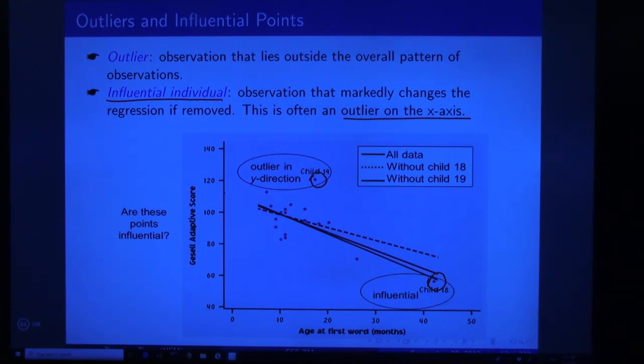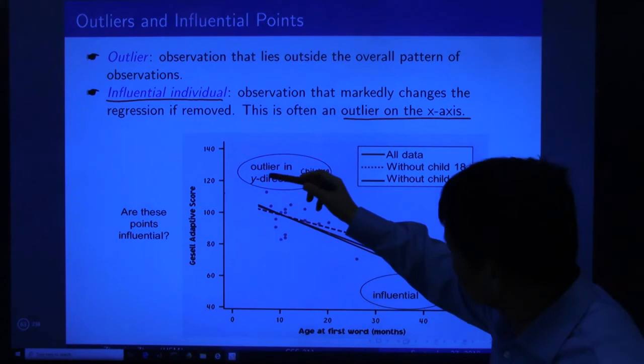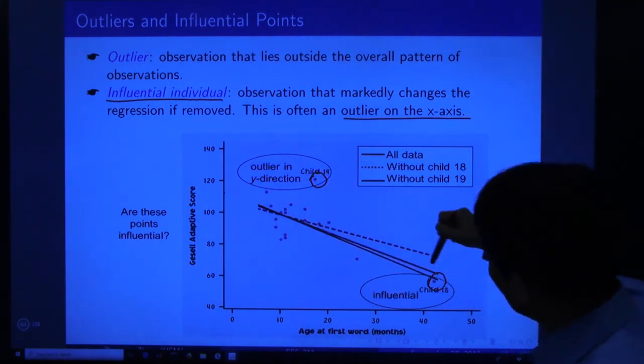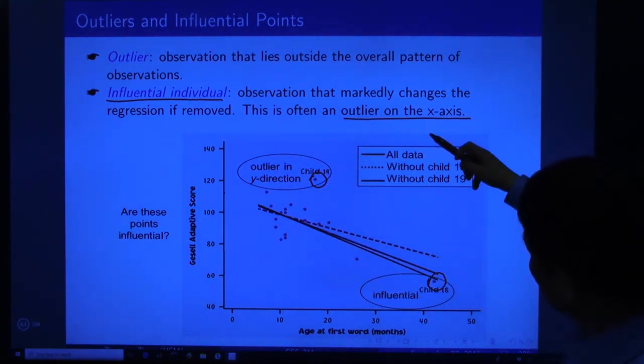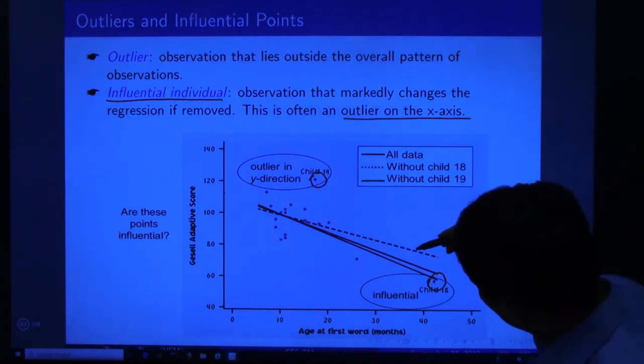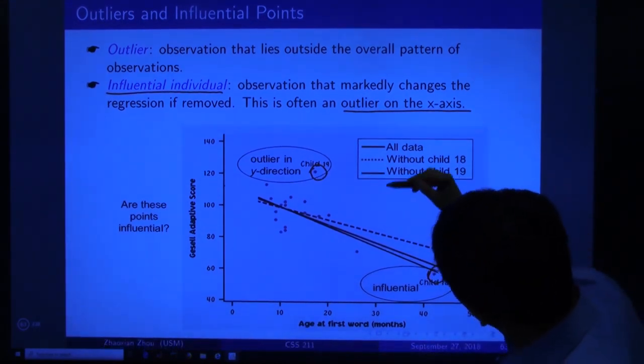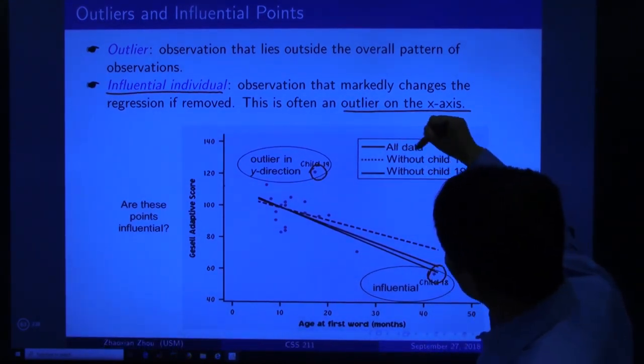But if we use the concept of a least square regression line, and we use all data, including this point and this point, the regression line is the red one here in the middle.